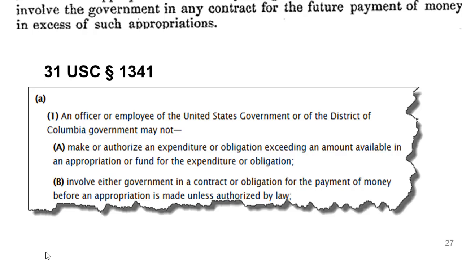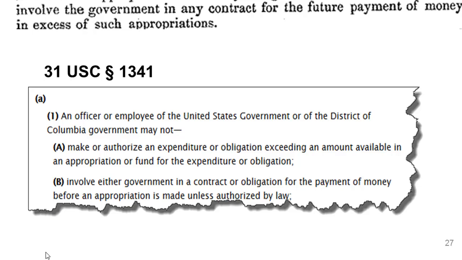This act states that government employees may not spend more than the amount that is appropriated, or spend funds before an appropriation is made. The term anti-deficiency refers to the congressional attempt to force agencies to live within amounts provided by the Congress and not create the need for deficiency appropriations.